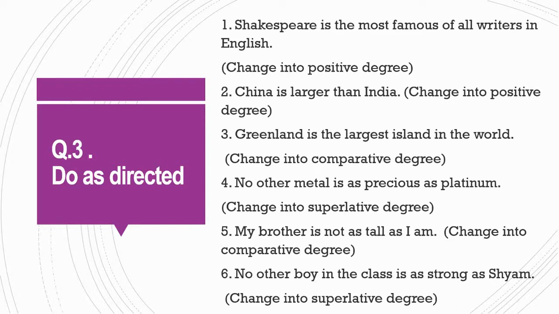Change into superlative degree. In all the given sentences, you have to first identify the adjective, then identify the degree of the adjective, and with the help of the given rules and explanation, you can change it into the expected degrees.